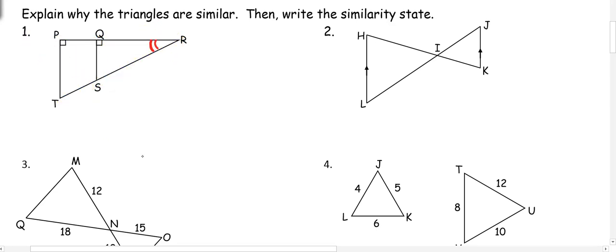We can say that these triangles are similar because we can say that P is congruent to Q because they are both marked as right angles. Angle R is congruent to angle R by reflexive property.